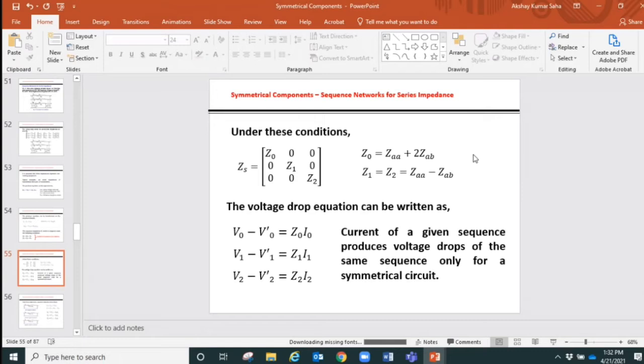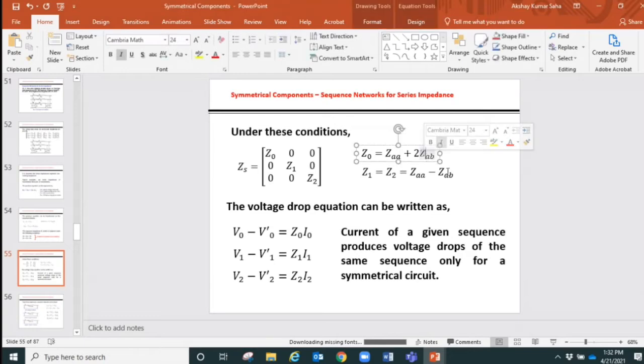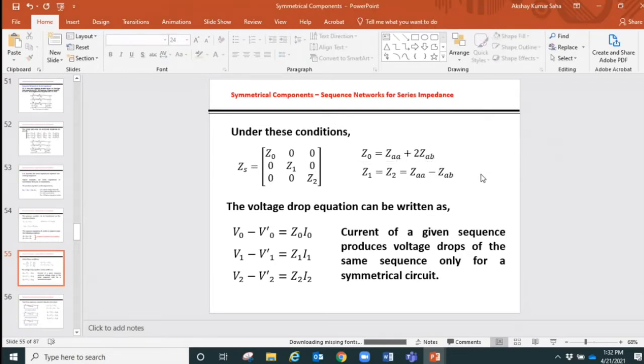So that's how we do it, and we see it from these two equations here, that when we have series impedance in our power systems, we will have three impedances: positive, negative, and zero sequence impedance, Z0, Z1, and Z2. But Z0 will be different from Z1 and Z2, whereas Z1 and Z2 will be equal to each other.